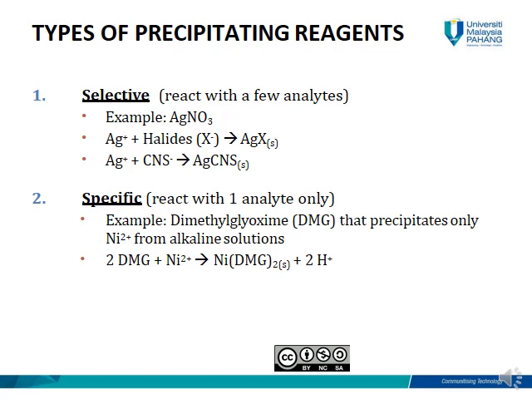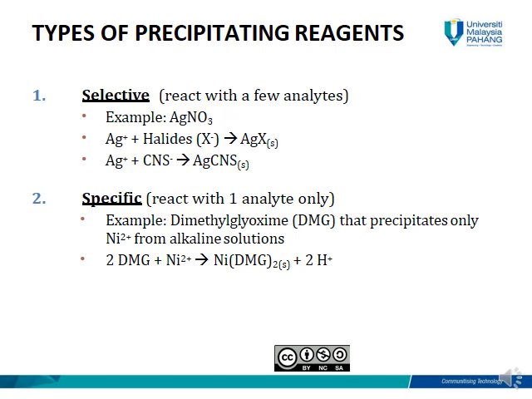The next one is specific. For example, glyoxime, DMG, will only precipitate nickel ion from alkaline solutions. You can see the difference between specific and selective very clearly from these two examples.